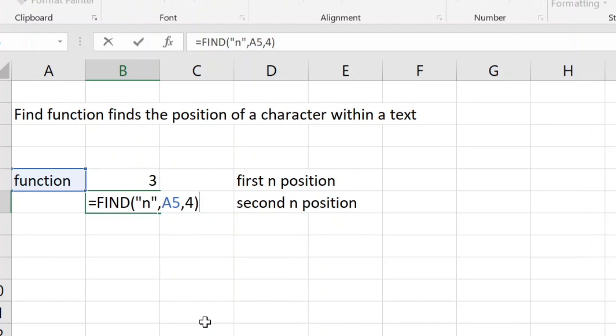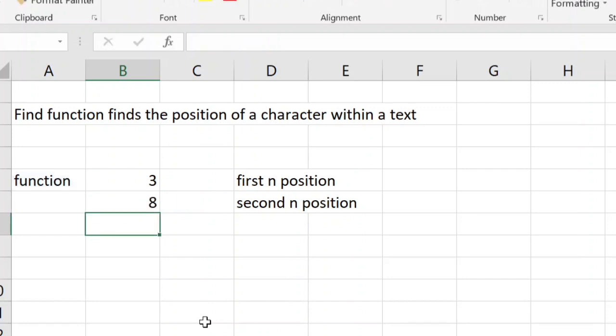But if we want the position of the second n, or the third n, or another n, if multiple same characters exist in a word, we have to put a number greater than the position of the previous one. Here the first n is at third place, so we put a number more than 3, that is 4, and press enter.